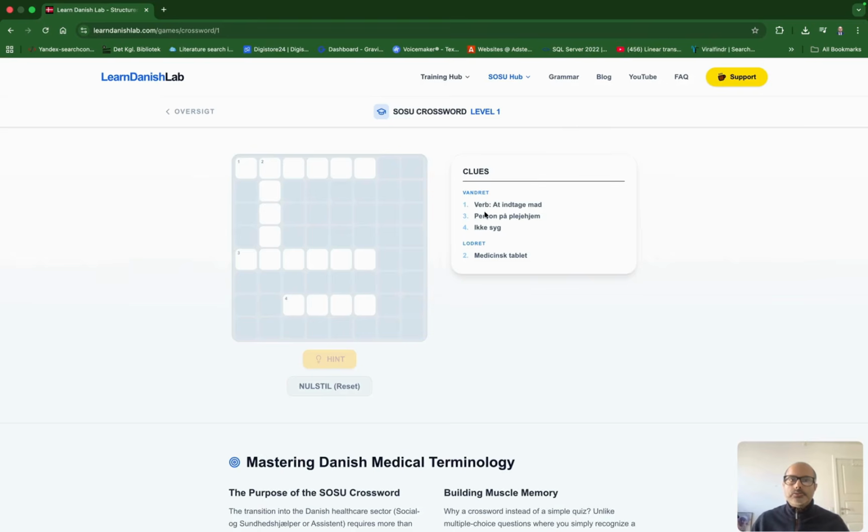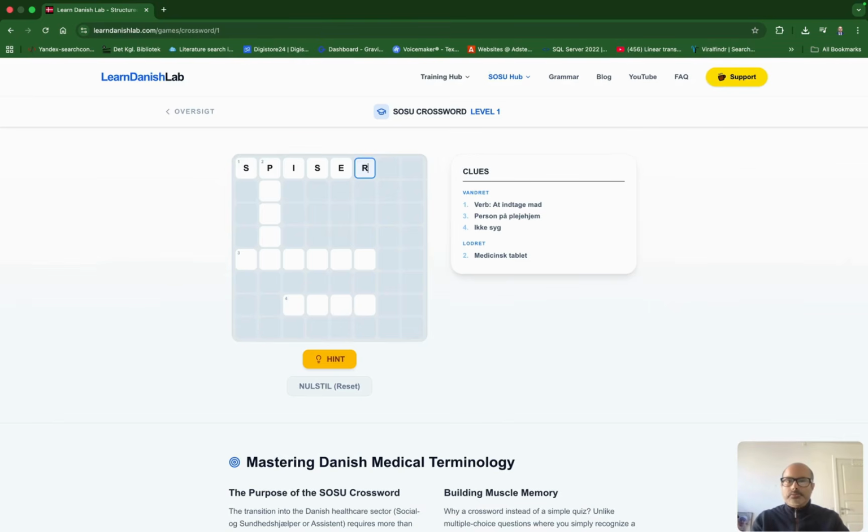So let's try to put the first option here, verb: at spise. That means to eat. You are taking food inside, eat like that. And for that we have one word, that is spise.